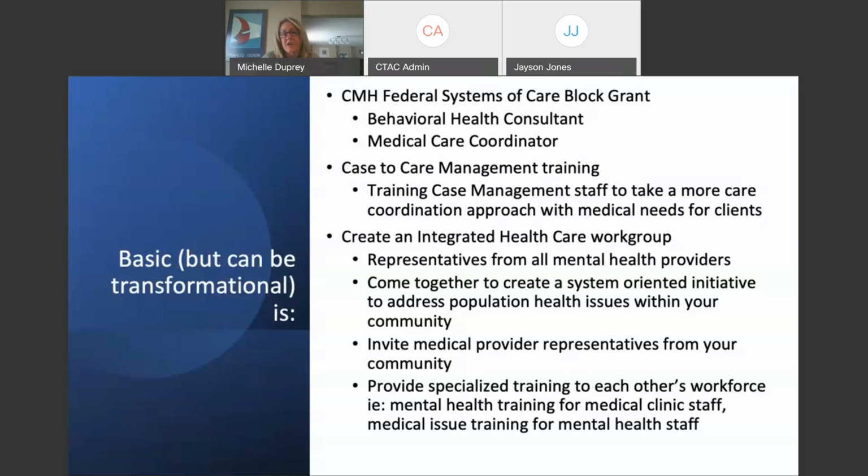So all providers of pediatric community mental health came together, and usually it's a manager, director level, somebody in a decision-making capacity. We had, I think, 15 or 16 folks, and they really came together to create a system-oriented initiative and to address this population health issue in the community.